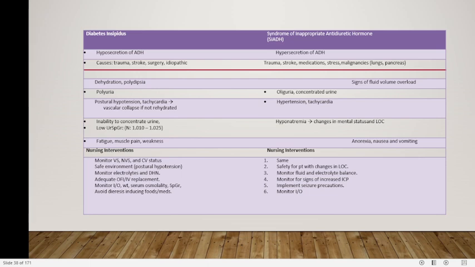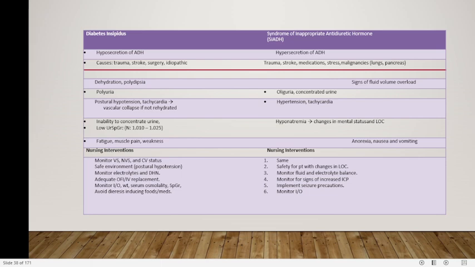Furthermore, diabetes insipidus is characterized by dehydration and polydipsia, polyuria, postural hypotension, tachycardia that normally leads to vascular collapse if not rehydrated. Syndrome of inappropriate ADH normally leads to oliguria, concentrated urine, hypertension, tachycardia.